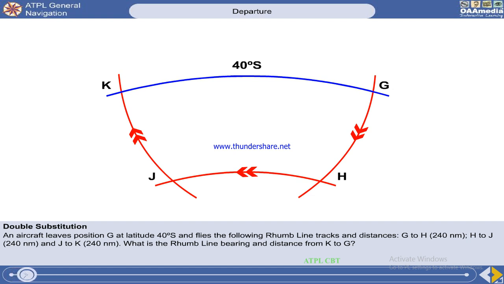We can't directly find the departure. We don't know the change of longitude.